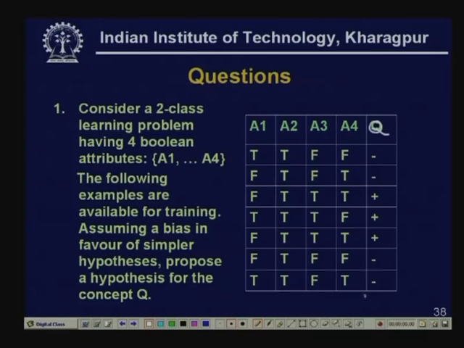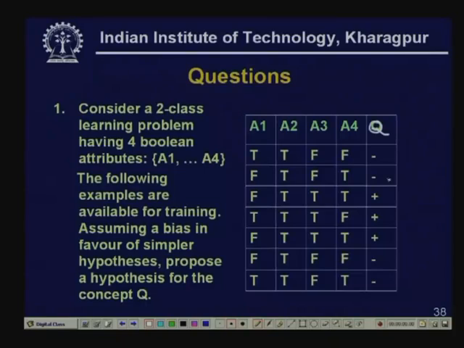You assume that there is a bias in favor of simpler hypotheses. So, your objective would be to find a good hypothesis for this particular concept Q.